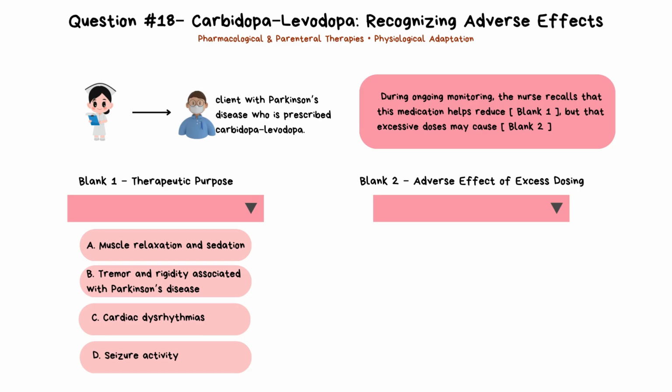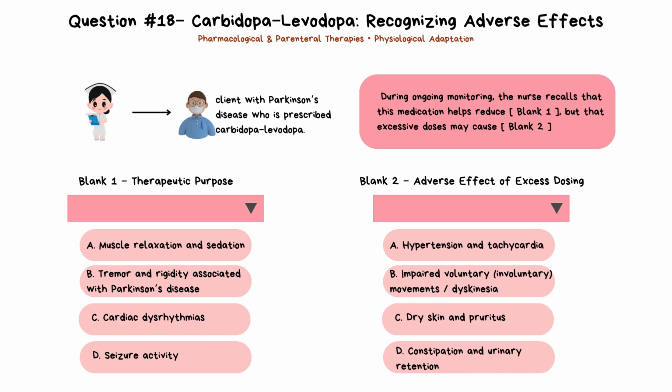Adverse effect of excess dosing. A. Hypertension and tachycardia. B. Impaired voluntary movements or dyskinesia. C. Dry skin and itching. D. Constipation and urinary retention.